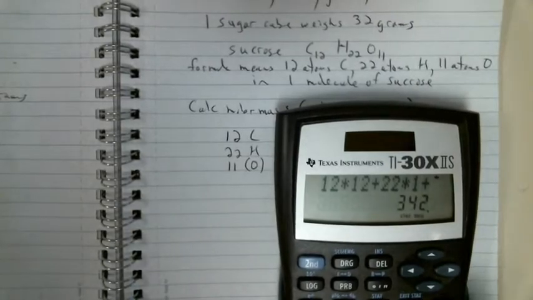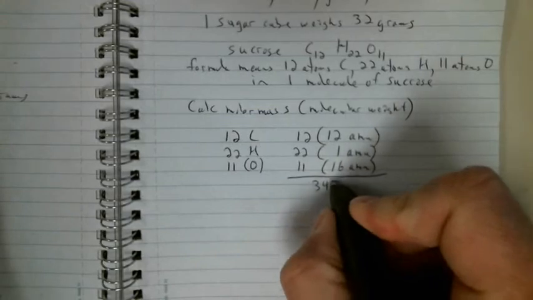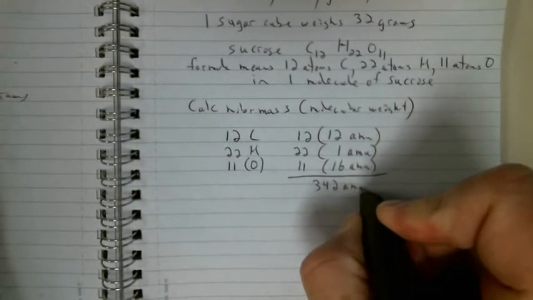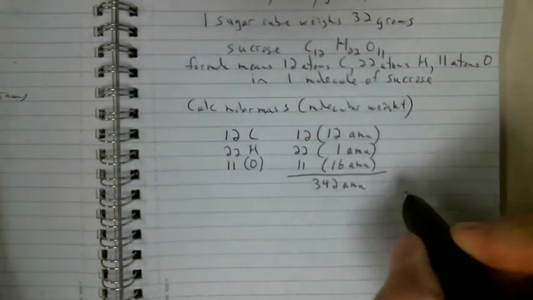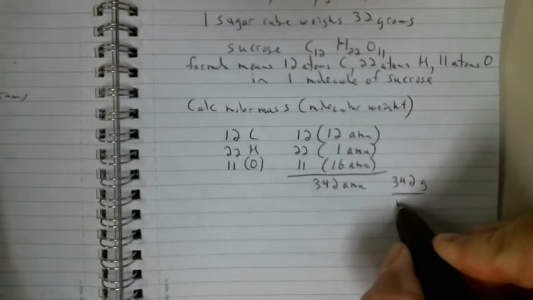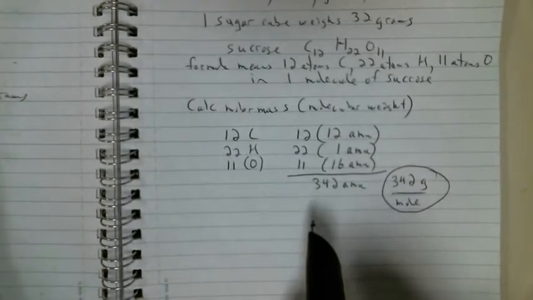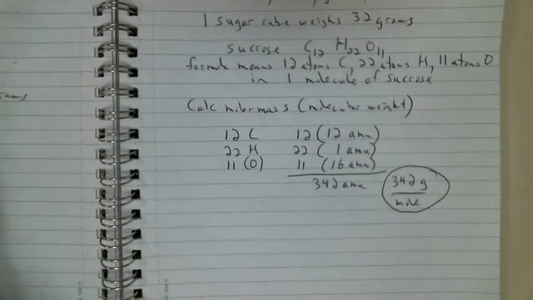And then I hit equal, I get 342. So I get 342 AMU per atom, or 342 grams per mole. Same thing, right? 342 AMU is the mass of one molecule, and 342 grams is the mass of 1 mole of this substance. Okay, so we've got the molar mass.